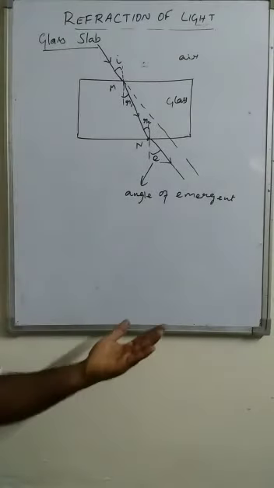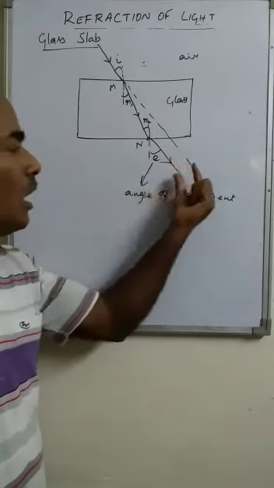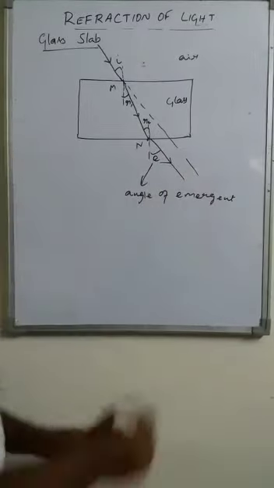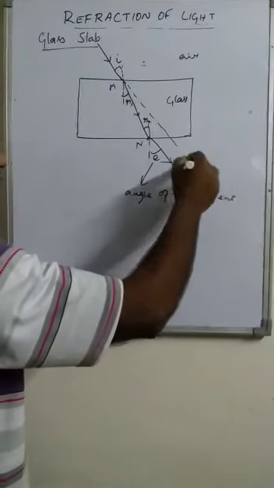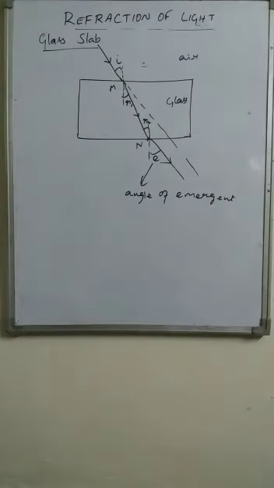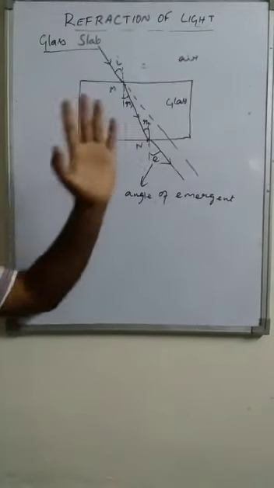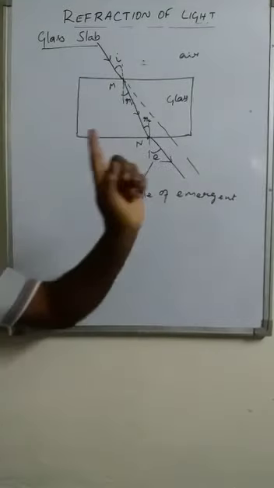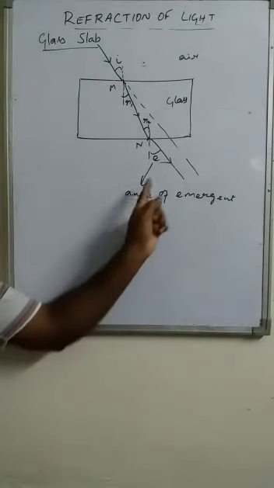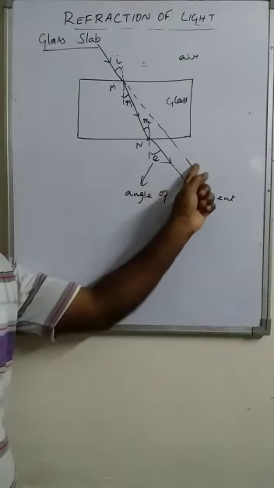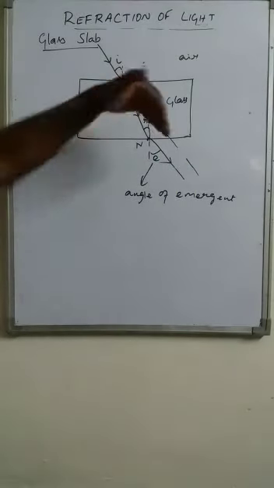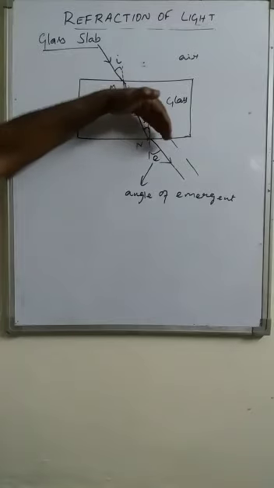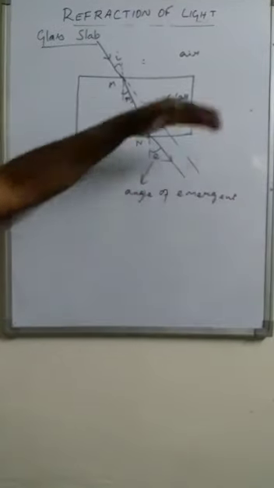While it emerges out, how is it related to the incident ray? This is the path of the incident ray, and this is the emergent ray. From the experiment, we will observe that the emergent ray is traveling parallel to the incident ray. It is deviated, but still it is traveling parallel to the incident ray.